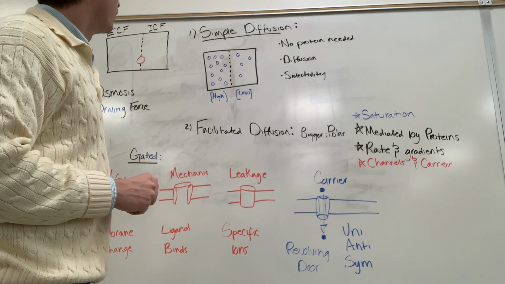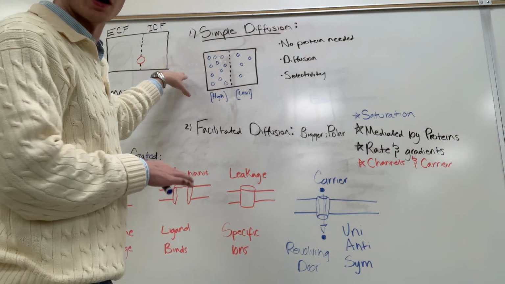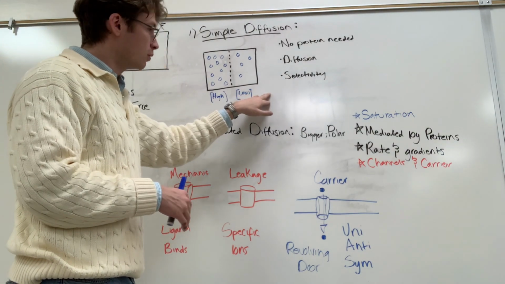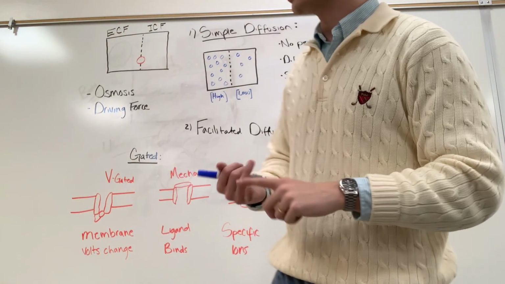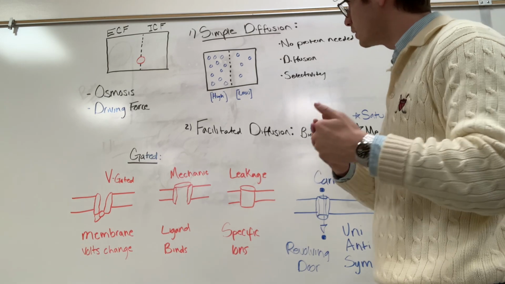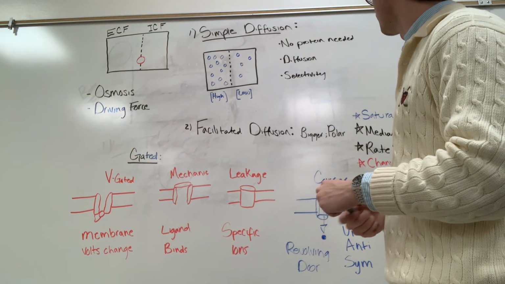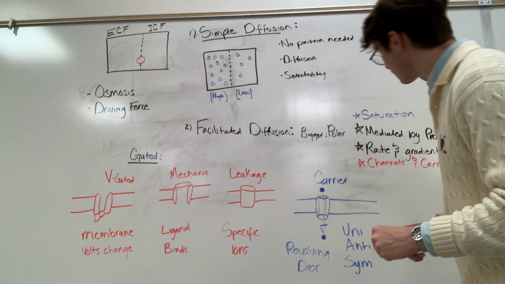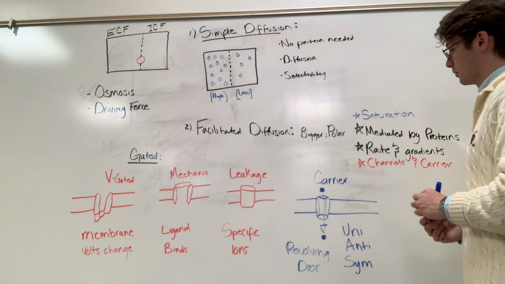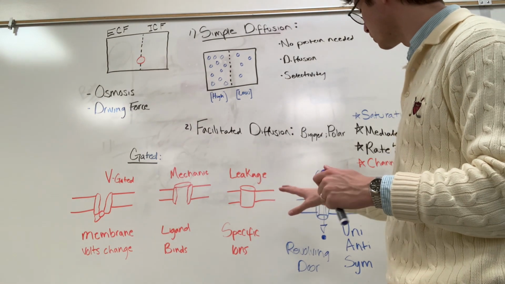But yeah, this idea of simple diffusion is just going from an area of high concentration to a low. There's no energy needed. There's no protein needed to help move it. It naturally happens. And that's about it for simple diffusion. Next, kind of a lot of information. I try to make it as simple as possible.